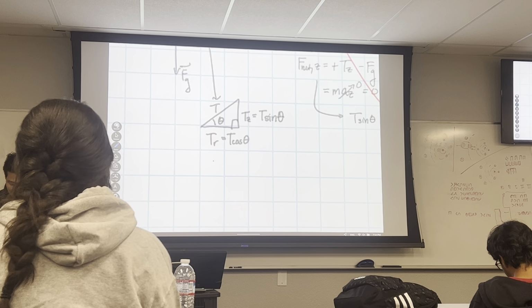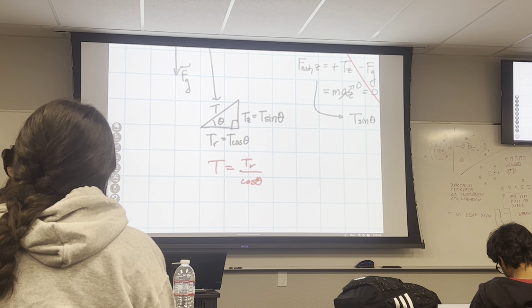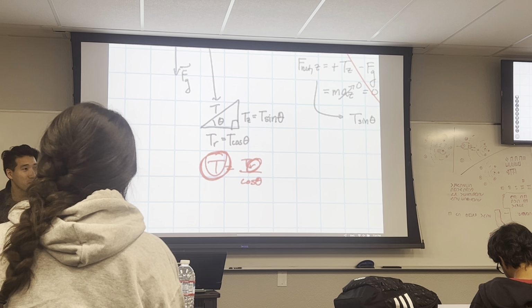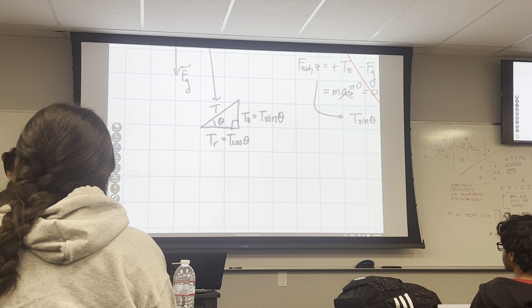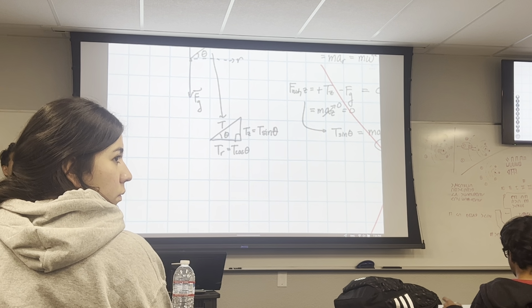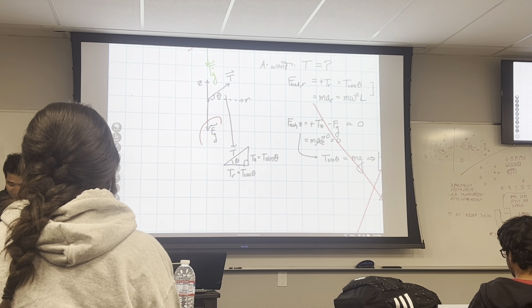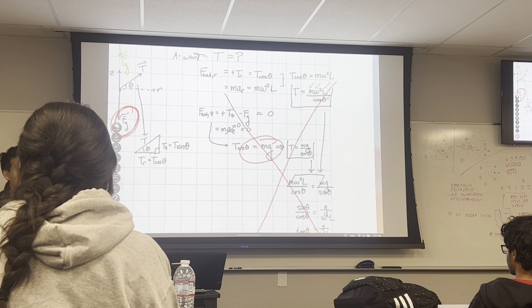So when you do T is equal to TR over cosine of theta, we're getting rid of the R component and actually getting the tension, which is what we're looking for. That's not it entirely, but something with the hypotenuse. It doesn't have to do with the mass in the Z direction or acceleration. That was accounted for here with the force of gravity. Oh shoot, here.